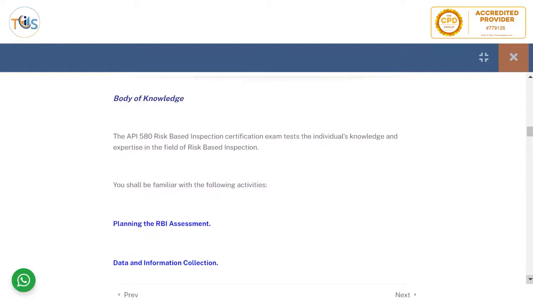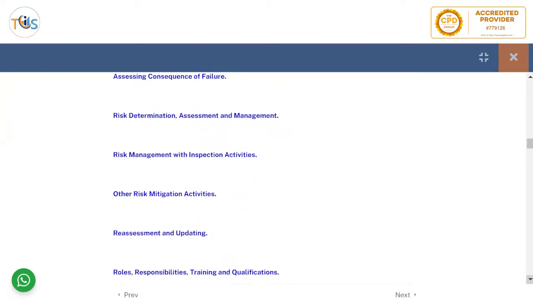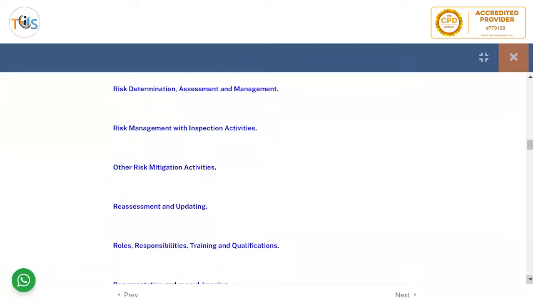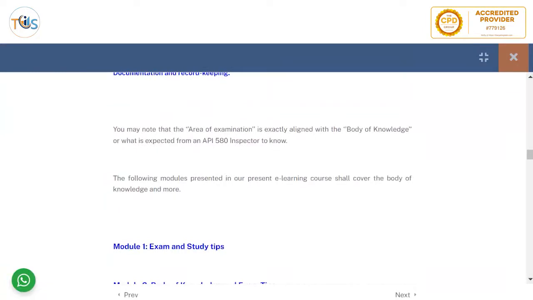You shall be familiar with the following activities: planning the RBI assessment, data and information collection, assessing probability of failure, assessing consequence of failure, risk determination, assessment and management, risk management with inspection activities, other risk mitigation activities, reassessment and updating, roles, responsibilities, training and qualifications, documentation and record keeping. You may note that the area of examination is exactly aligned with the body of knowledge of what is expected from an API inspector to know.